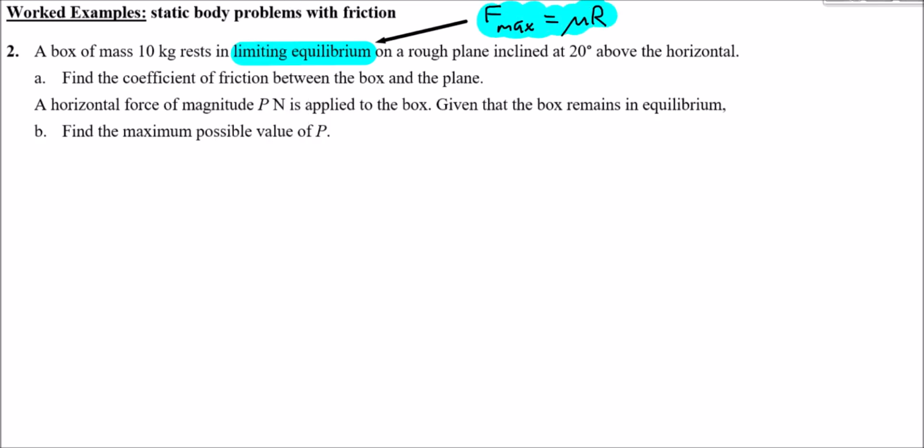So it's a box on a rough plane and the plane's angled at 20 degrees above the horizontal. So again, we need to start sketching out because nothing's been sketched for us. So that's 20 degrees. We'll model the box as a particle.